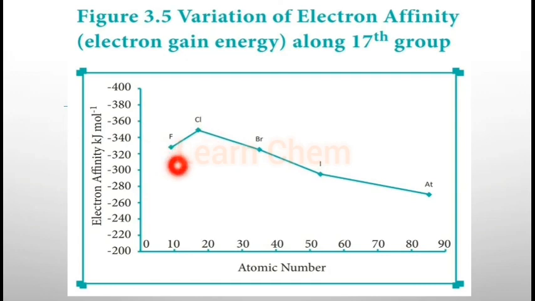The smaller the size, the greater will be the repulsive force between the added electron and the present electrons. Here the repulsive force is lesser than in the fluorine case. So fluorine has lesser electron affinity than chlorine.